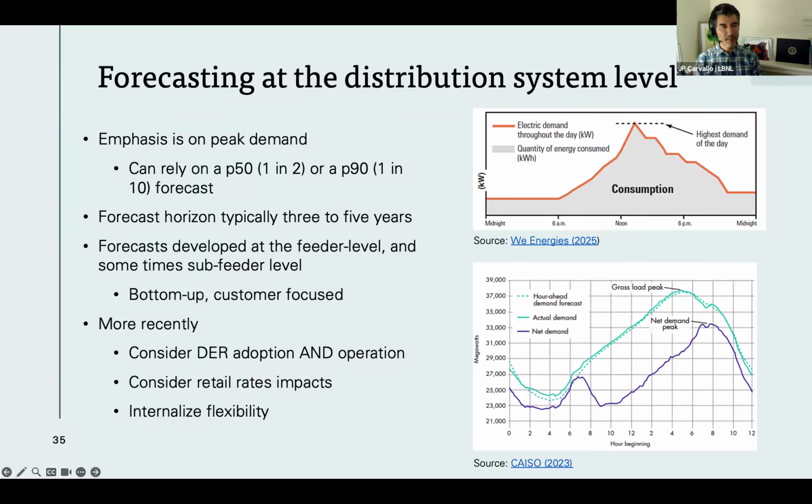Even though flexibility can be treated as a resource in planning processes at the distribution system level, it remains a property that you want the load forecast to reflect for simplicity. And so again, those load forecasts have to include customers that are enrolled in different types of programs that reward flexible behavior, responsive to demand response events, etc.